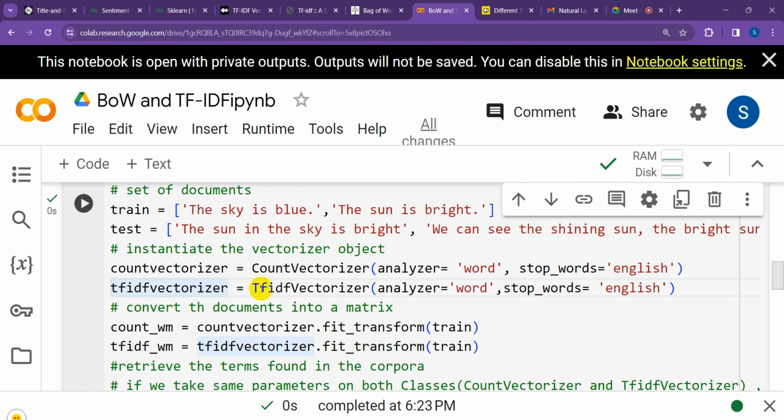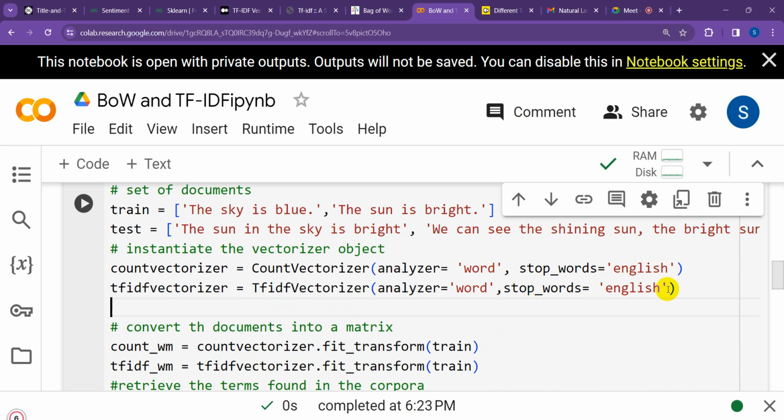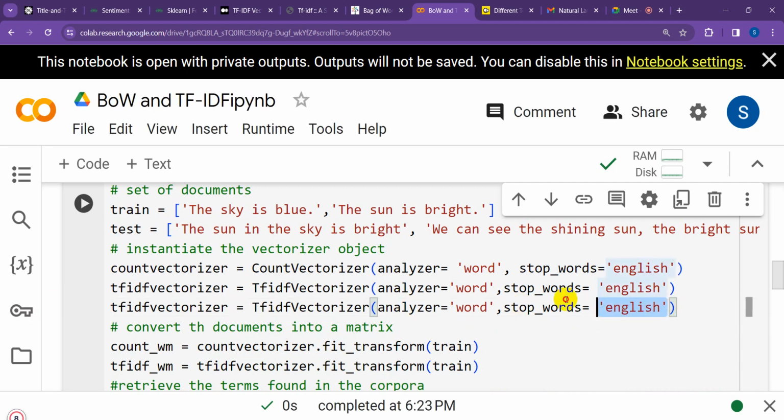If you pass it empty like this, then it will not remove the stop words. But if you pass the language, you are telling the model to analyze what all the stop words are, and since I am writing the text in English, I have specified the language, so it will remove the stop words if it encounters them.